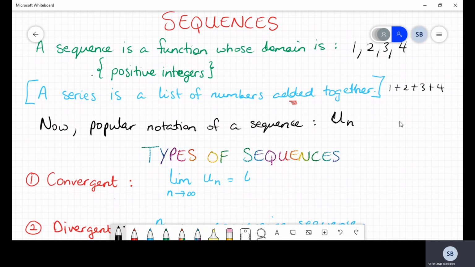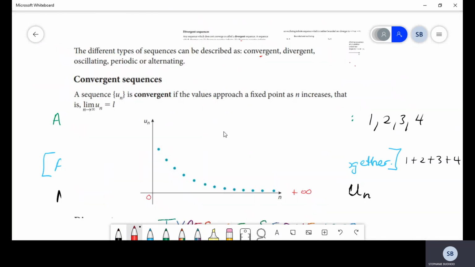Now, this graph shows that when that x value, or that n value, increases, as n tends to become greater and greater, as n approaches infinity, you'd notice that the graph is approaching. It gets closer and closer and closer to a particular value until eventually it touches.